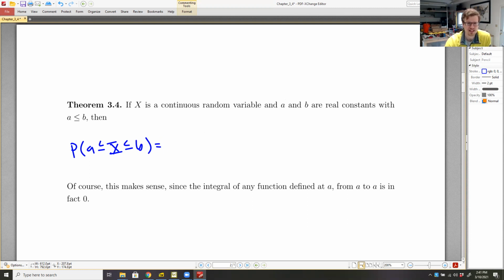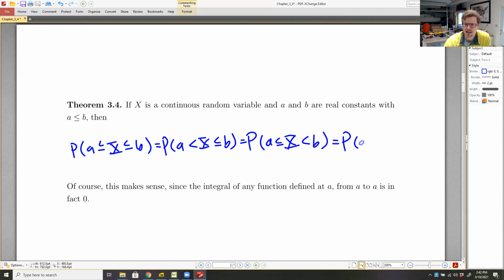But this is in fact equal to the probability that it's strictly greater than a and less than or equal to b, or a less than or equal to the random variable strictly less than b, or saying that it can't take on either one of those particular values, a or b. So we can add or drop the equality as we want to, and it will keep the same value.